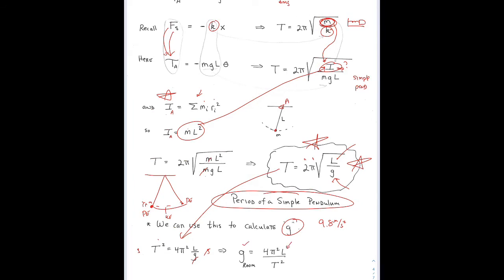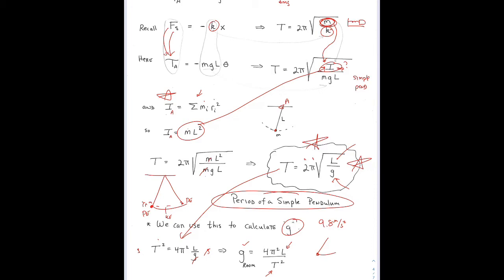So you can take the length of the string, take a shoelace, tie something small onto it, remember you want it small compared to the length of the string, and then you sit there and measure the period. Now, the best way to measure the period, instead of going click, 1, okay, that wouldn't be very precise. So what we do is the same as we did in the lab: you measure 10 cycles.